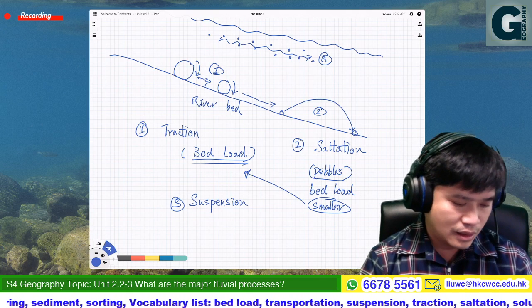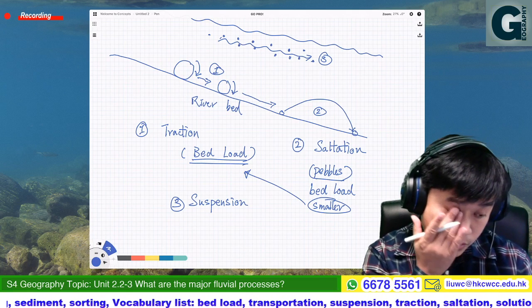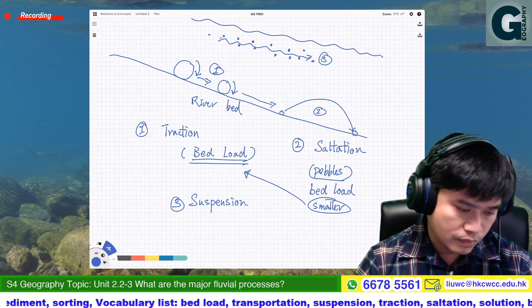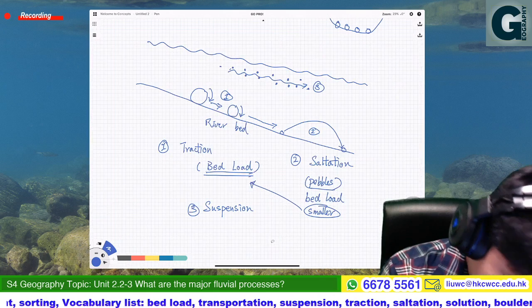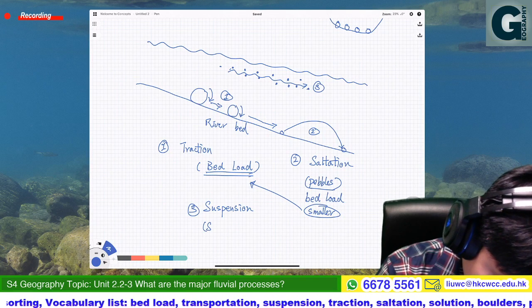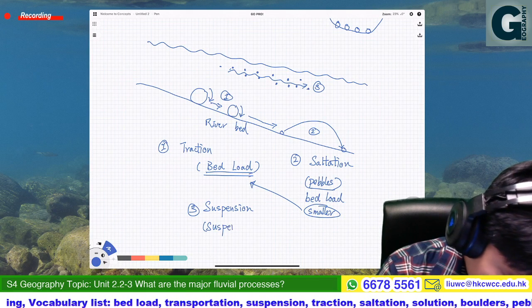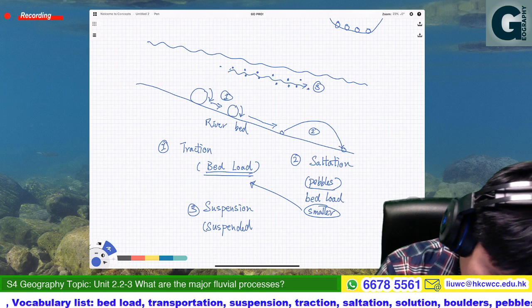Therefore, if we refer to the definition we mentioned in the beginning, that would be the suspended load.